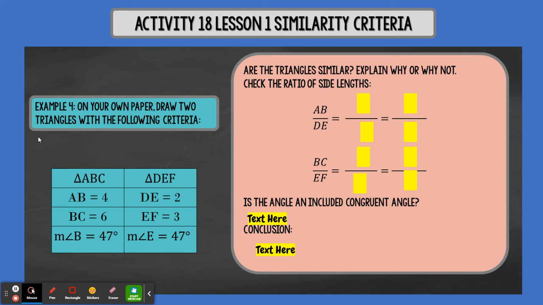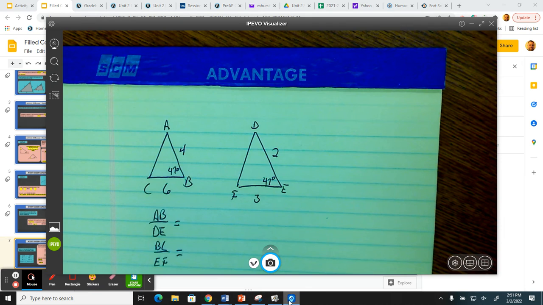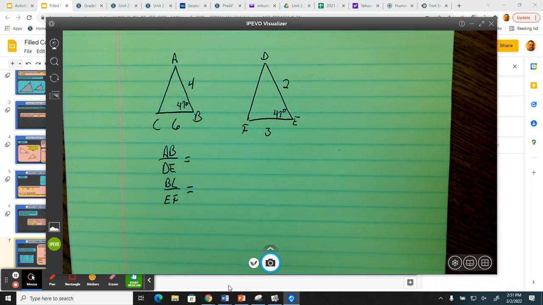AB is 4, BC is 6, and the measure of angle B is 47. This is what you should have.